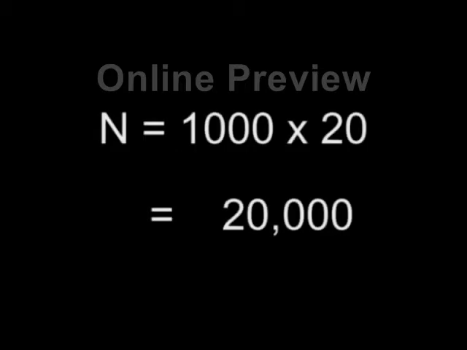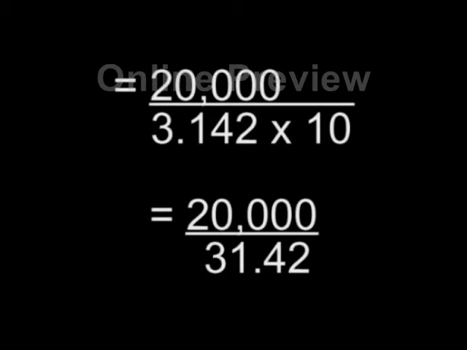So, to put this into our example, we have 1000 multiplied by 20, which is the recommended cutting speed. This is equal to 20,000. We now divide this figure by the circumference of the drill, using pi as 3.142 times the drill diameter, which is 10.